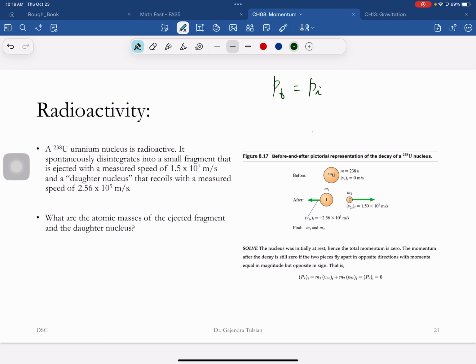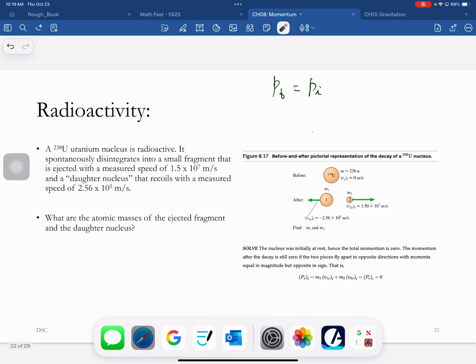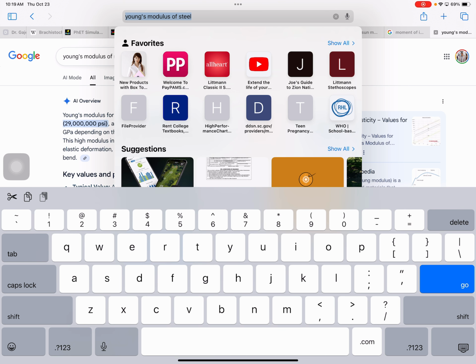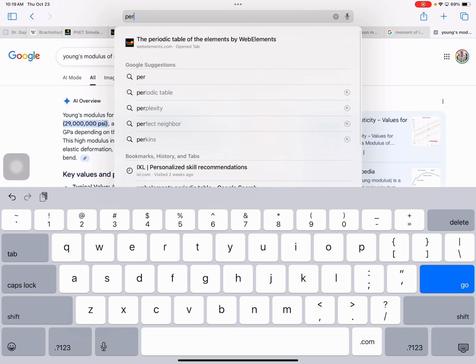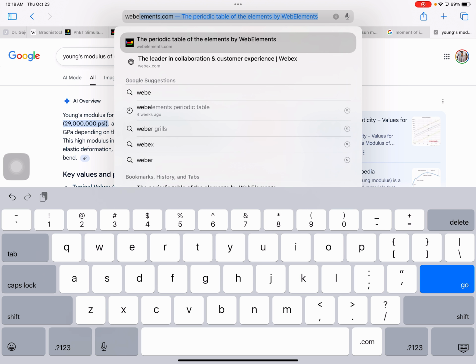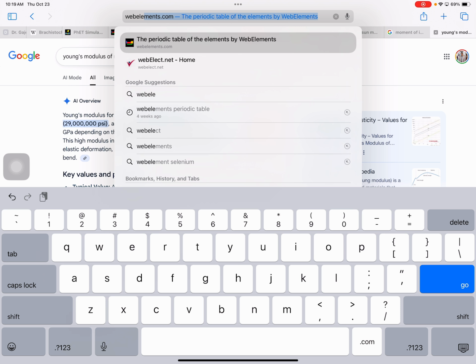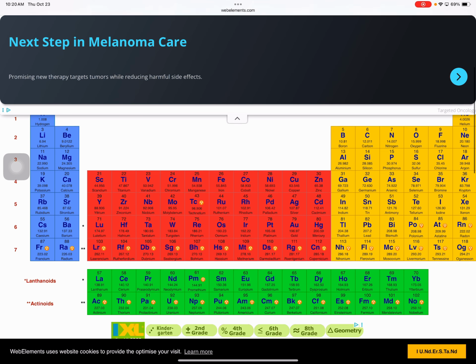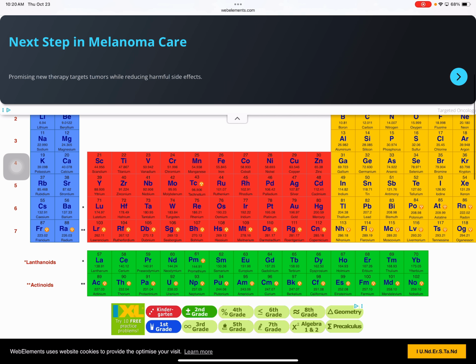Okay, here is uranium. Let me pull up. Okay, there's uranium.